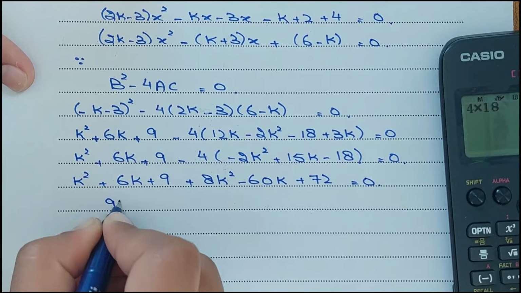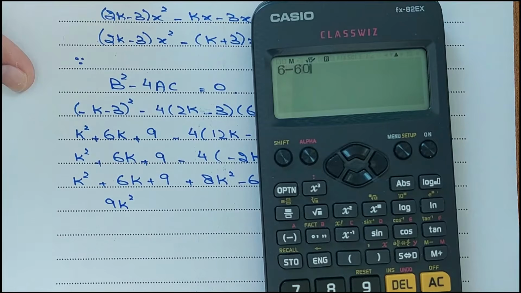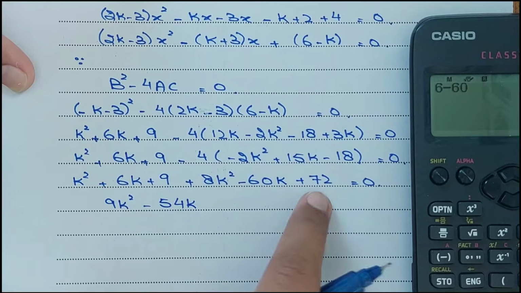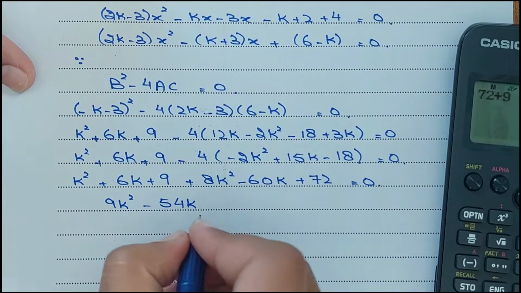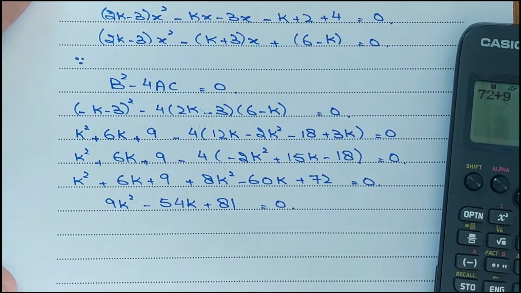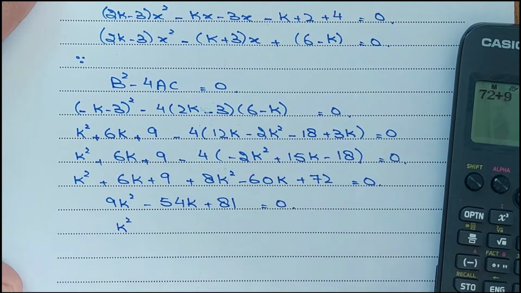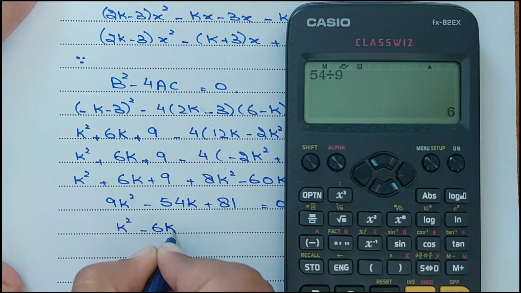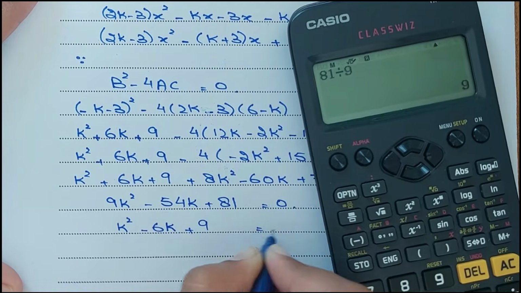So we have 9k square, 6 minus 60 is minus 54k, and the constant term is 72 plus 9, 81. This equals 0, right? We can divide throughout the equation by 9. We have k square, 54 divided by 9 is minus 6k, and 81 divided by 9 is plus 9. This equals 0.